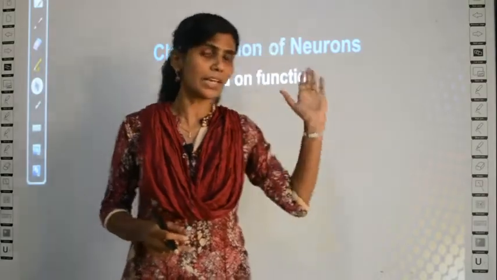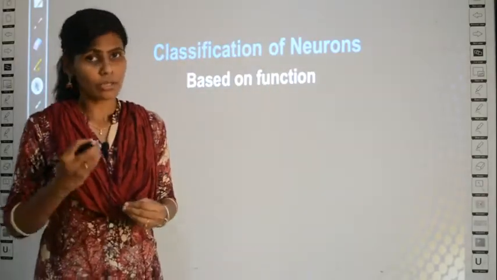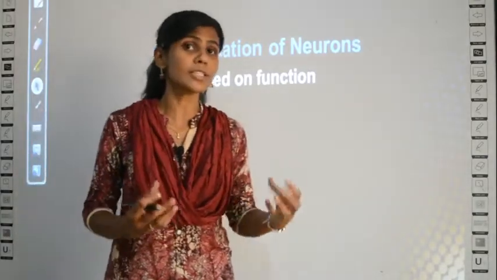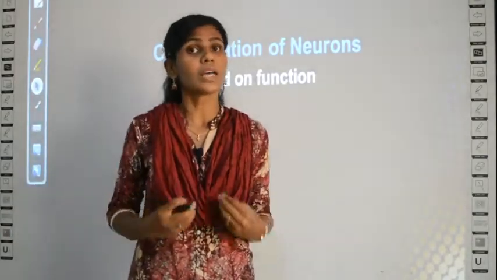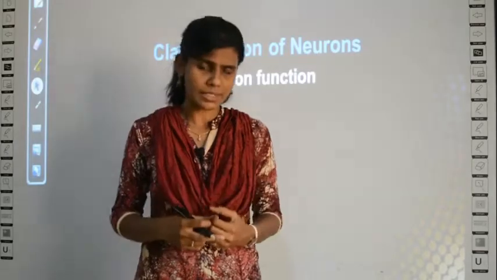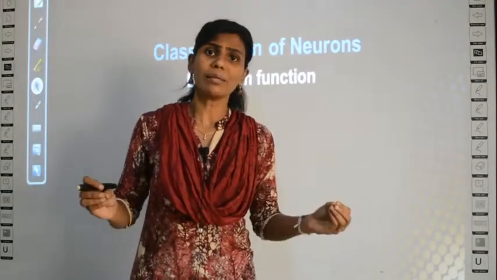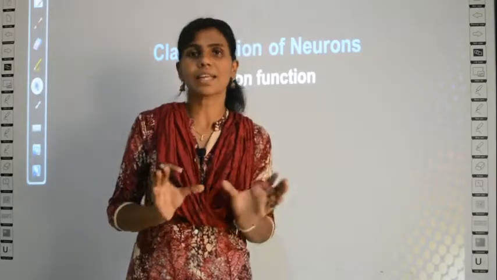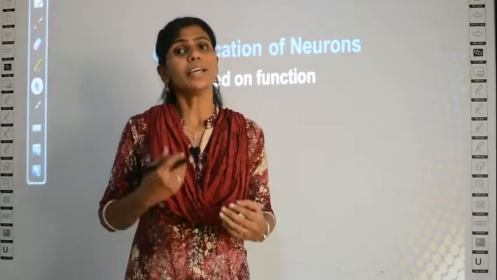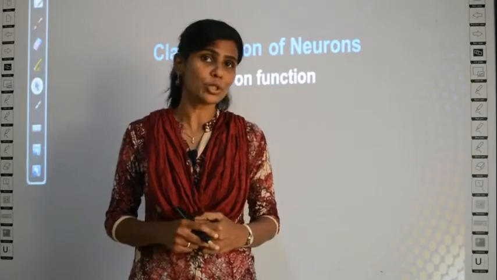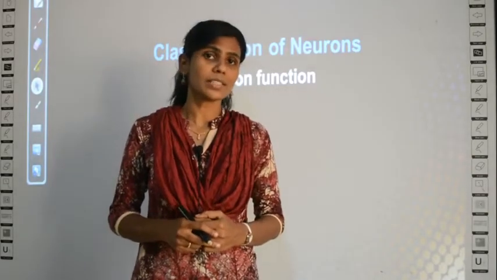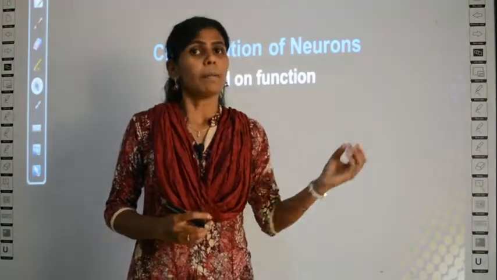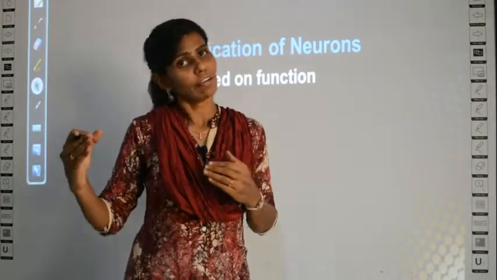In the case of neurons, the types all appear similar in structure, but they differ in their functions. I repeat, they all have the same structure, but they vary in their functions.